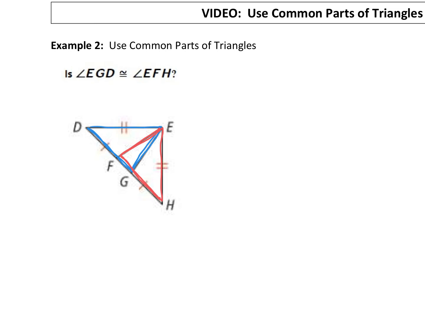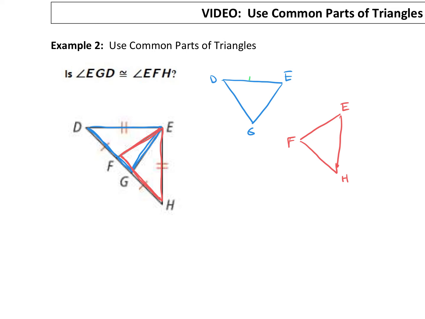If I were to redraw those separately, just so we can be super clear what we're looking at, I'm going to separate them out. Here's D, E, G. And then the other one is something like this, E, F, H. We have some congruencies that we'll want to fill in our picture.